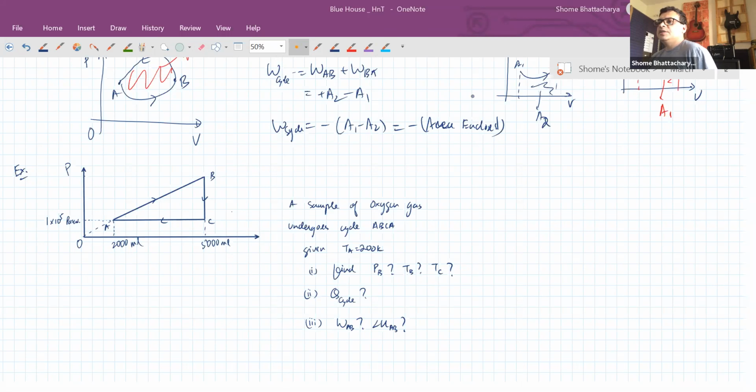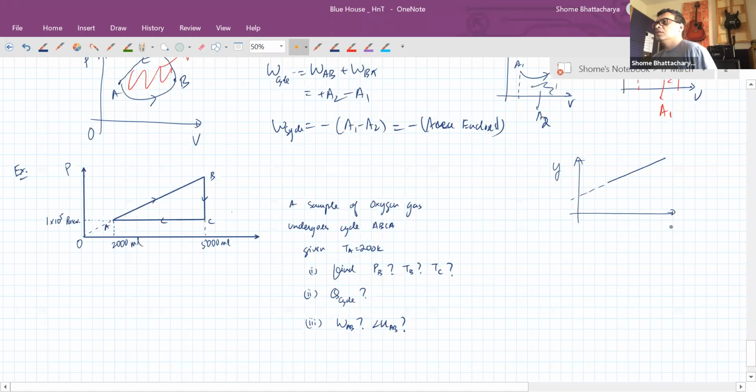Because otherwise how will we find the pressure at the point B? You're understanding the fact, Durgesh? So you could have one case where there's a straight line like this. This is y equal to mx plus c, so here this equation has to be used.